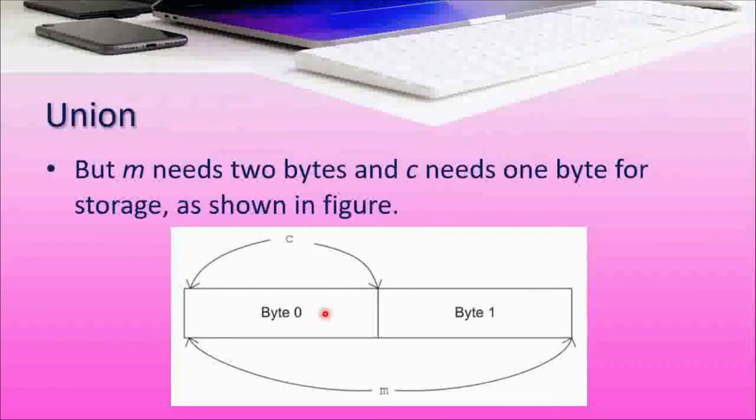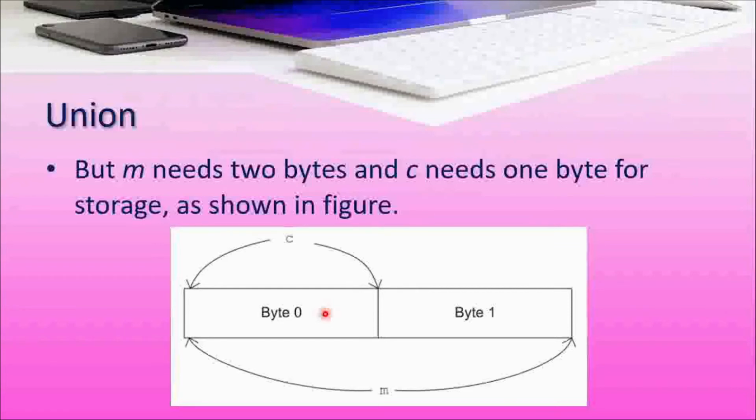In the case of a union, the total memory reserved for storing a union type is the maximum memory required for any variable inside that union. If it is an integer type, the storage space required to store an integer will be reserved for that union, not more than that.